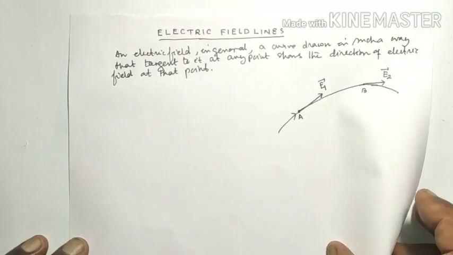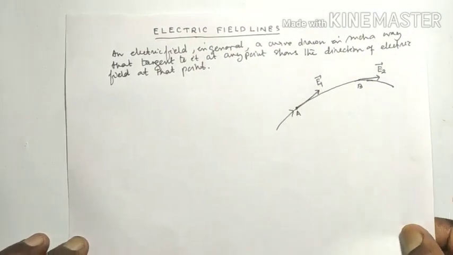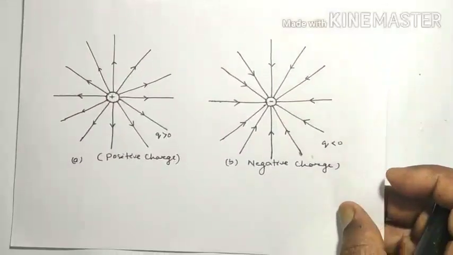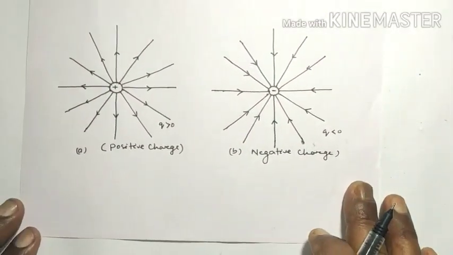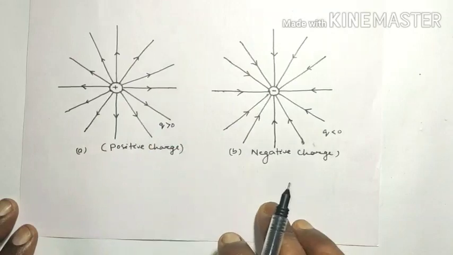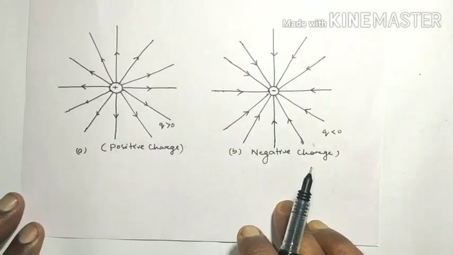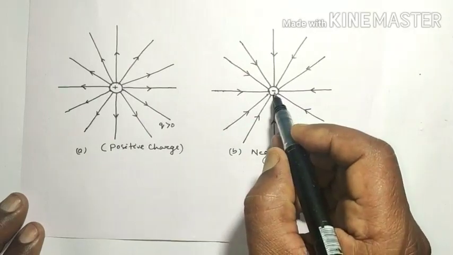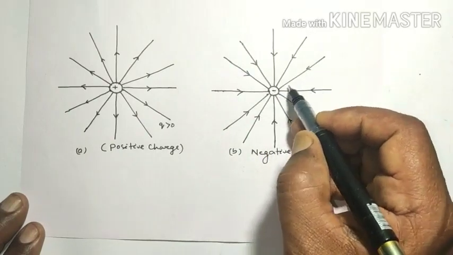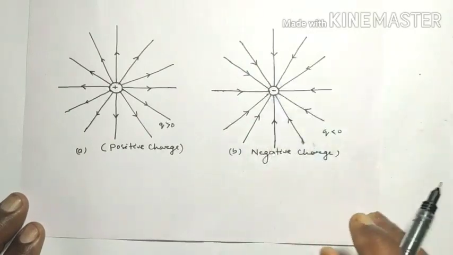So let us draw some field lines of some charge configurations. Here we take an isolated positive charge, and the field lines are radially outward, and in case of an isolated negative charge the field lines are radially inward.